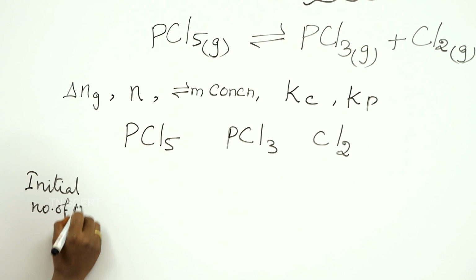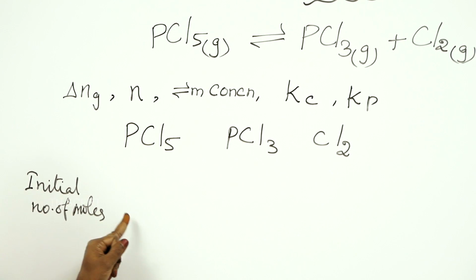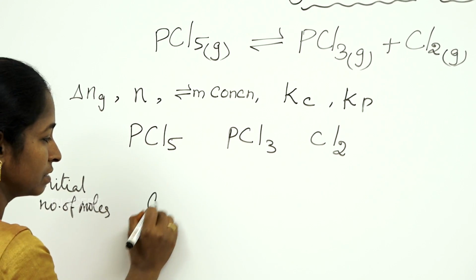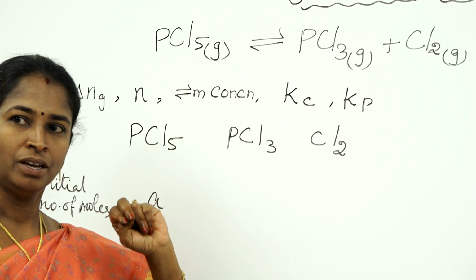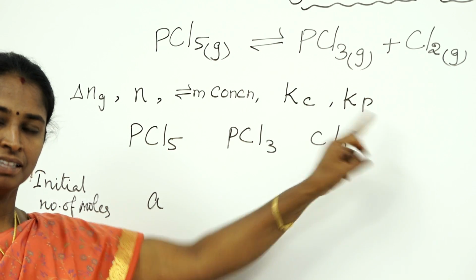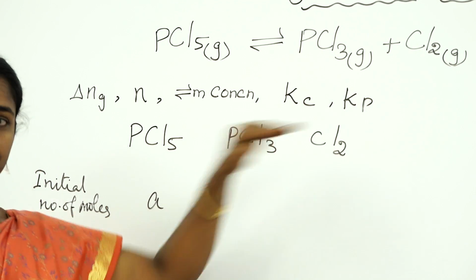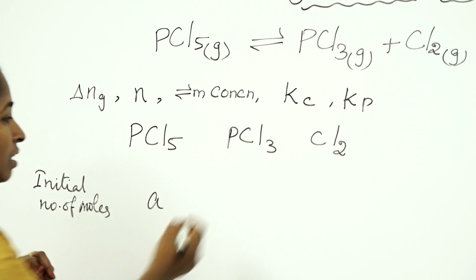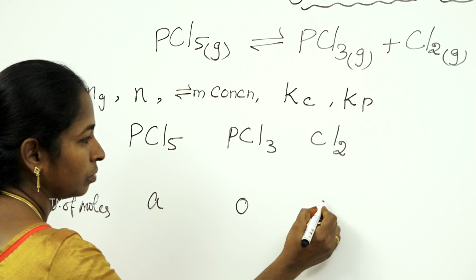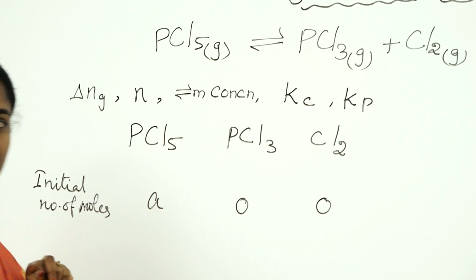Initial number of moles of PCl5 is taken as A moles. Is there initially any PCl3 or Cl2? No, they are products. They will be formed after some time, is it not? So, initially we have A moles, and there is no PCl3 or Cl2. So, these are 0 moles.